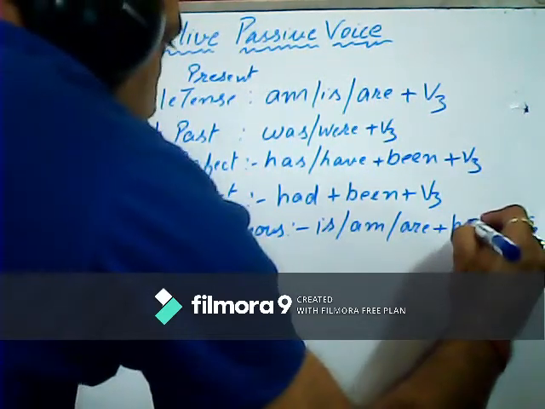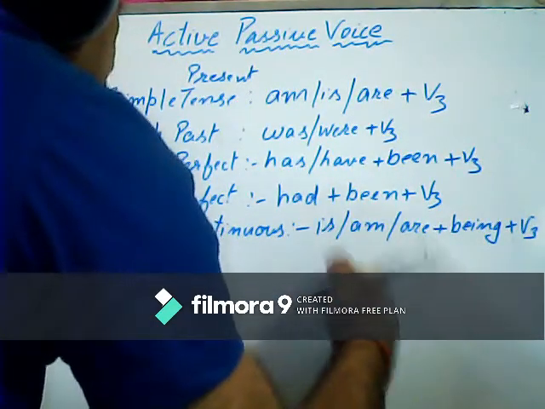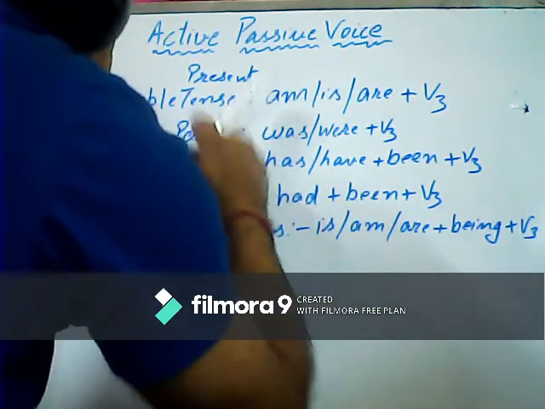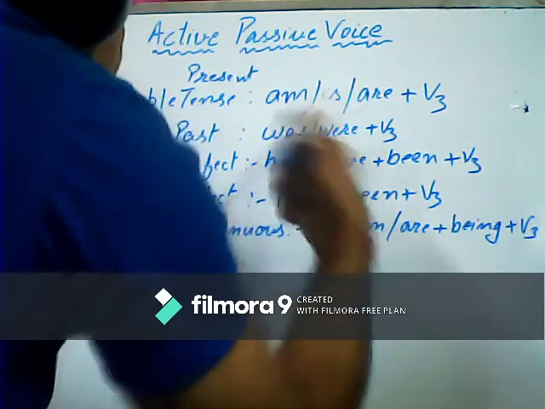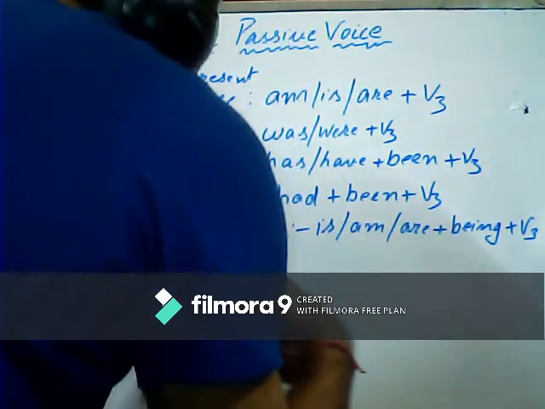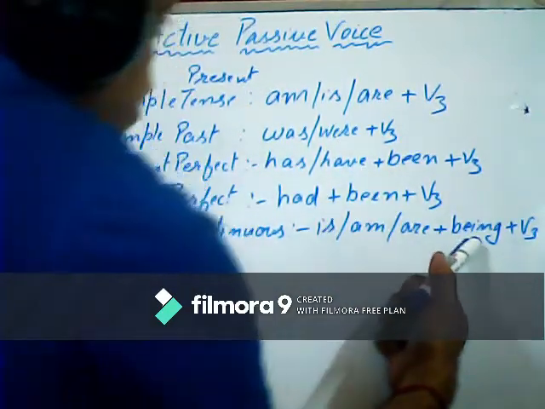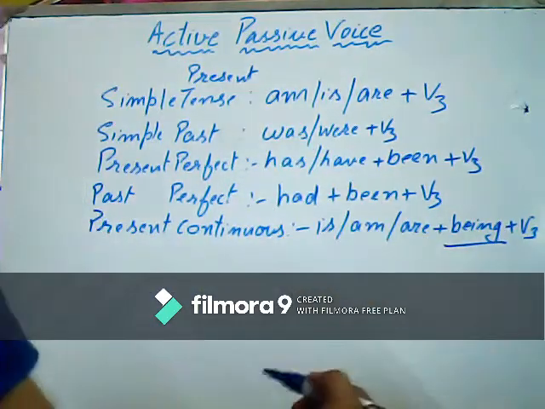Now see, we are using is here also, but in simple present tense we are only using is; we are not using anything which says that it is a continuous tense. But for continuous tense we are using being. This word being represents that it is a continuous tense in passive voice.